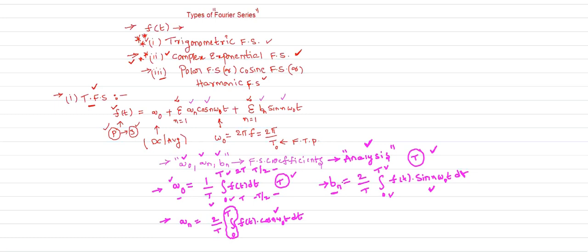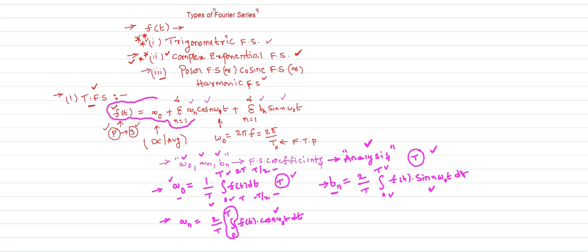Finding the Fourier series coefficients using the formula is nothing but your analysis equations. After finding a0, an and bn, we need to substitute those values in this expression.